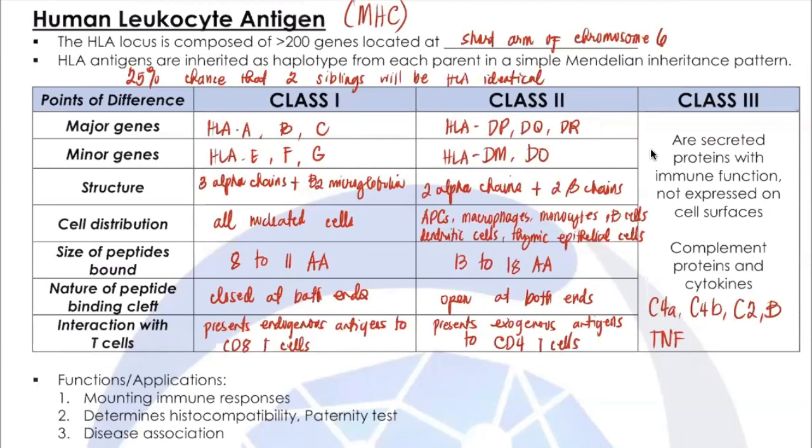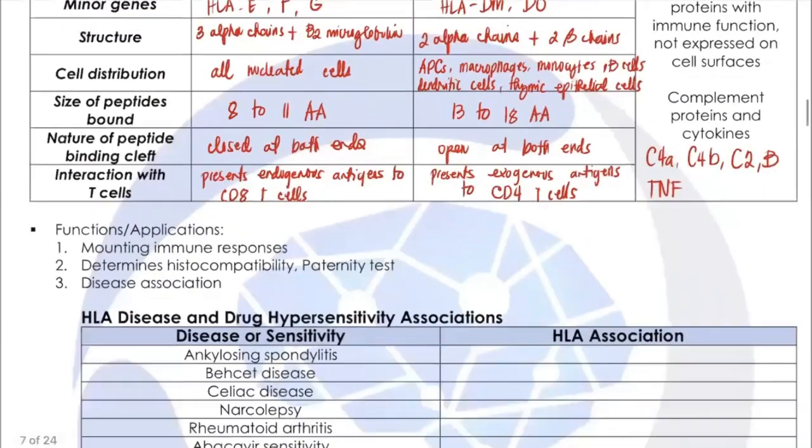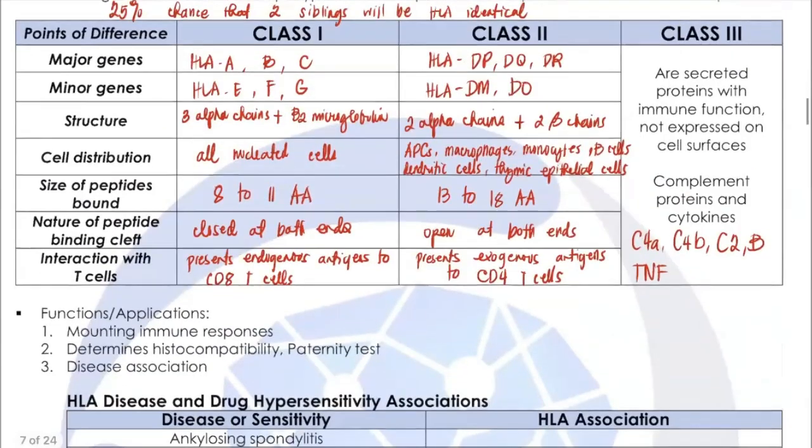So yan yung ating human leukocyte antigen. Now, what are the functions and applications ng human leukocyte antigen or ng ating MHC? Remember na kino-consider sila na risk factors for certain autoimmune diseases and sometimes yung mga drug hypersensitivities.